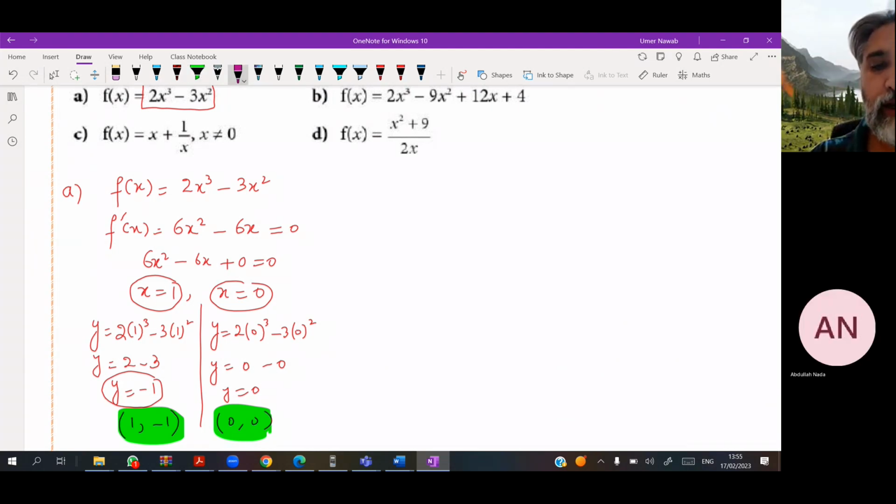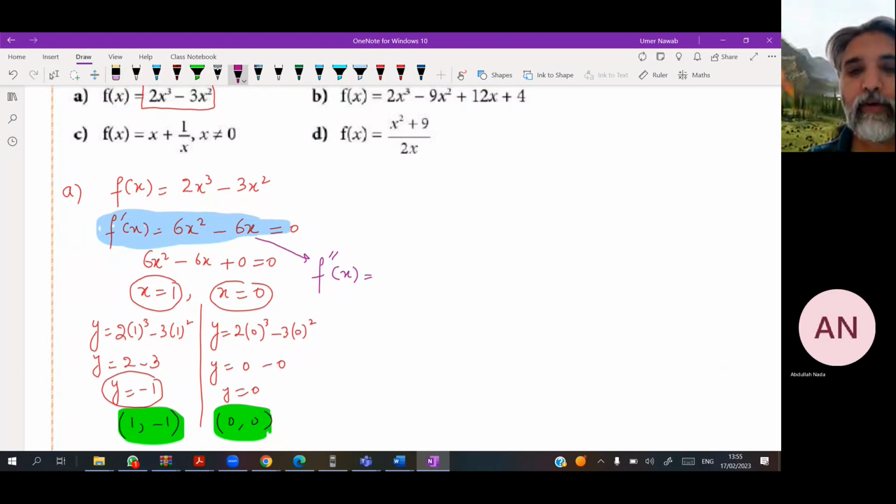For this reason, I have to find the second derivative. This is my first derivative. I'm trying to find my second derivative, which is f double dash of x. That will give me 12x minus 6.